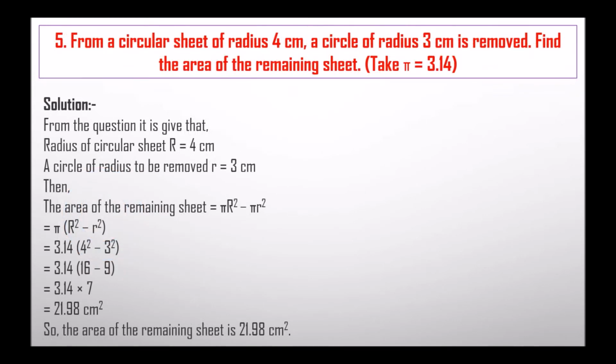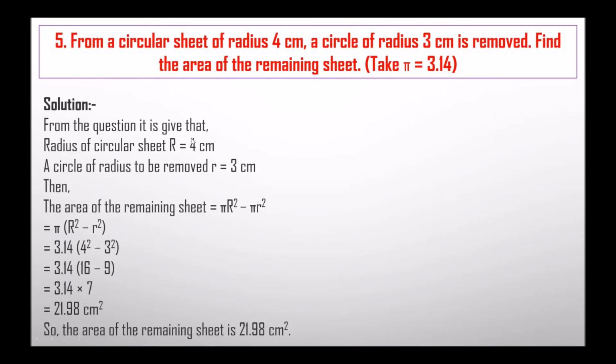Fifth question. From a circular sheet of radius 4 centimeter, a circle of radius 3 centimeter is removed. Find the area of the remaining sheet. Radius of the circular sheet is 4. The circle to be removed has r equals to 3 centimeter. So area of remaining sheet equals to pi R square minus r square.